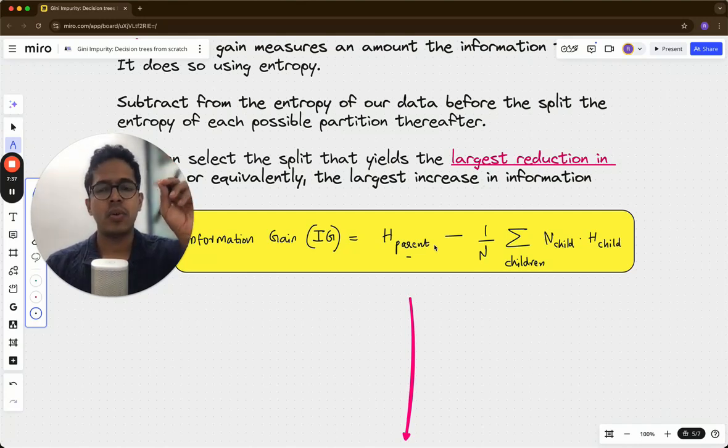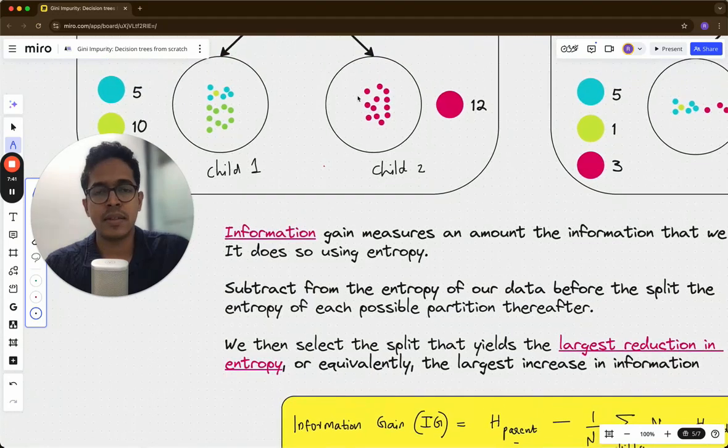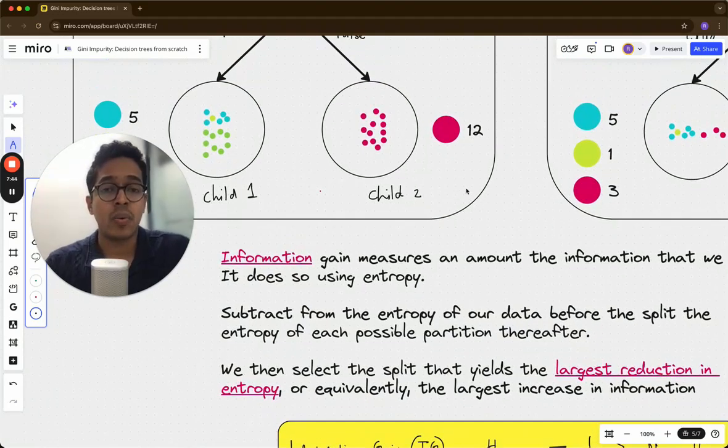If a node has only one type of animal, for example, this child node 2 has only cow, it means entropy is 0. And why is that? The formula for entropy is minus sigma p_i log to the base 2 of p_i, and p_i is the probability of something being that class. Here only one of those classes is present, which means probability is 1, and the logarithm of 1 is 0.